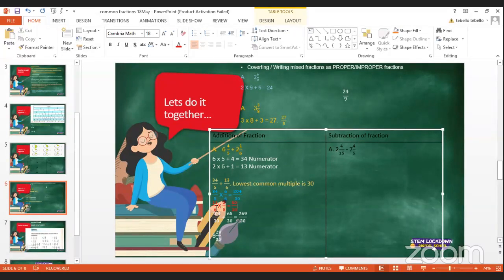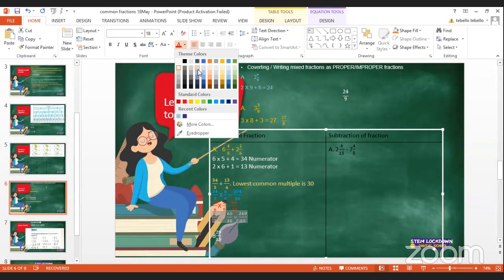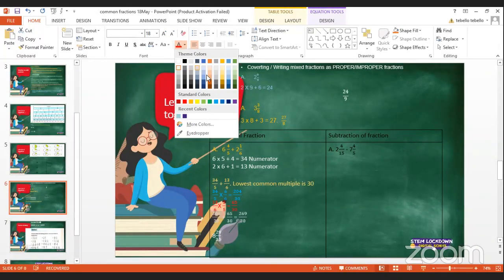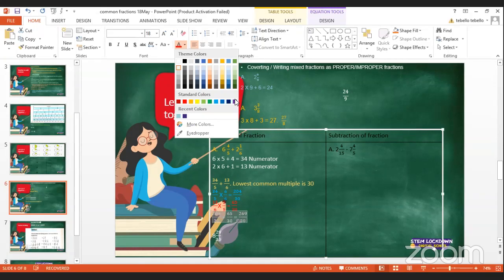All right, so now since our denominators are the same, we can add the traditional way, the way we know it. So guys, can you please add 204 plus 65? You can do it in your calculators.